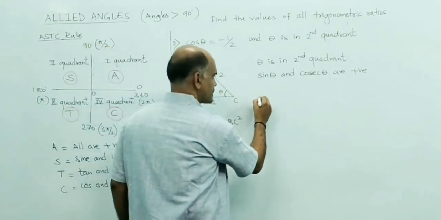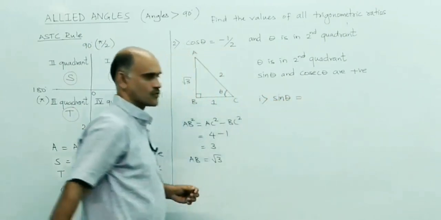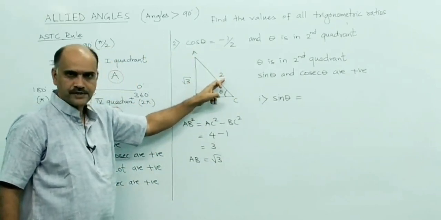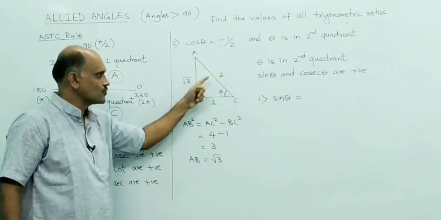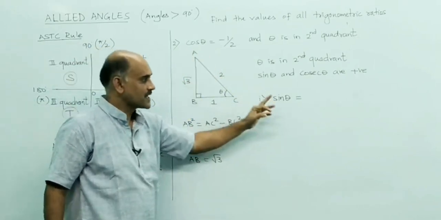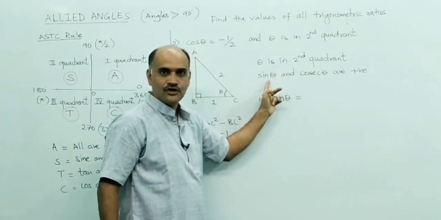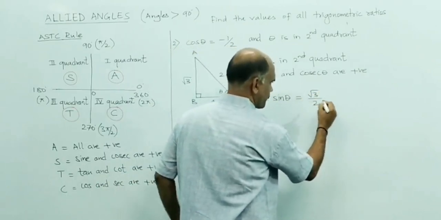So first again I will start with sine theta. Sine theta is equal to opposite by hypotenuse. So opposite is root 3, hypotenuse is 2. So root 3 by 2. But again observe theta is in second quadrant, so in second sine is positive, so you take it as plus root 3 by 2.